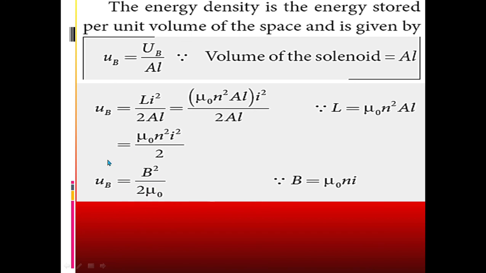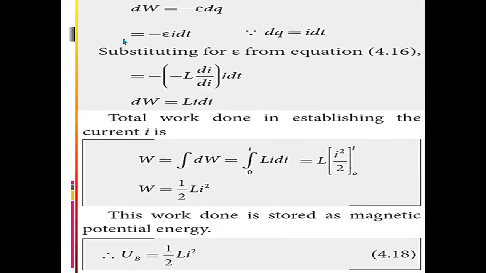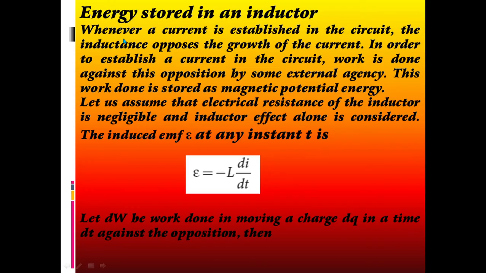This is a very very important formula, the energy density formula, for your objective questions as well as the 2-mark problem question. Please note it down, children. This is the self inductance. Energy stored in an inductor is a very very important 3-mark question. Please note it down, children. Thank you very much.